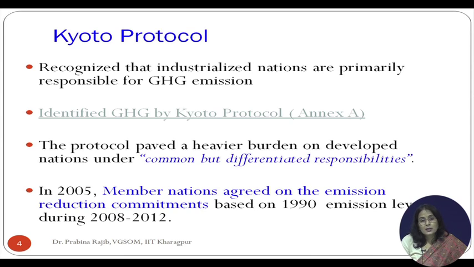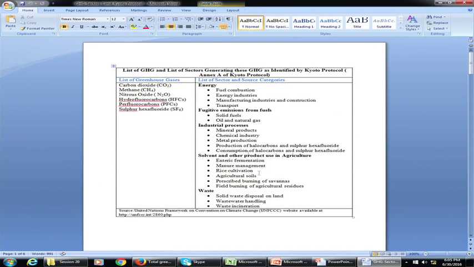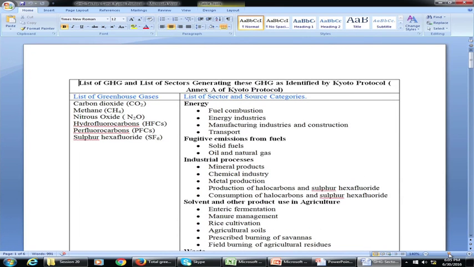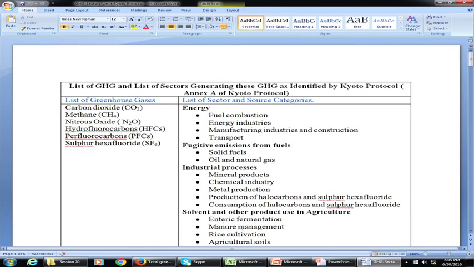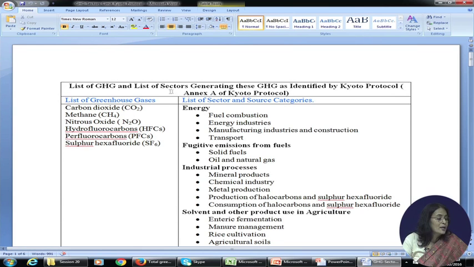During this Kyoto meeting, the UNFCCC also identified which industrial activities contribute to the greenhouse gas emission, and which gases will be treated as greenhouse gases. I hope it is visible to all of you. Please see this list of greenhouse gases and the list of sectors generating them, as identified by the Kyoto Protocol. These are carbon dioxide, methane, nitrous oxide, hydrofluorocarbons, and sulfur hexafluoride.